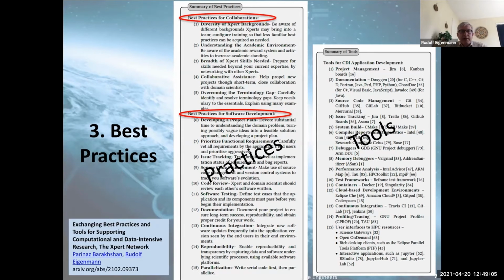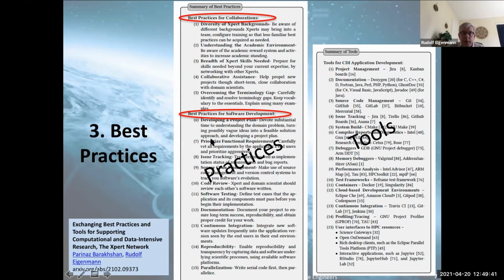Henry once emphatically said that the first and most important thing I need to teach my participants, whom he called research facilitators, is to understand the academic environment. This is very different from software development in industry. You really need to understand the incentive structure that exists in a university environment. Once you do that, especially if you come from industry originally, you have a much better understanding of your job.